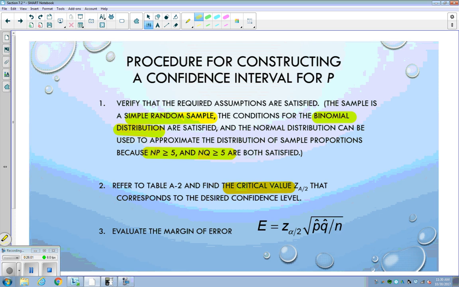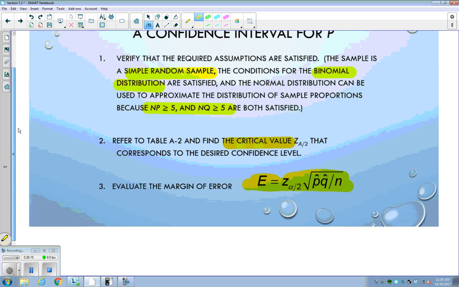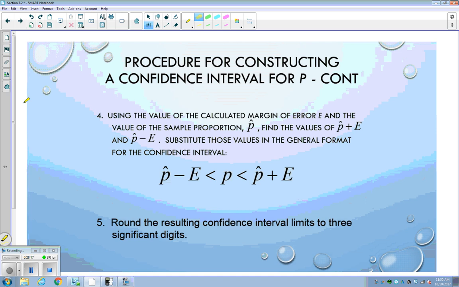Once you find those, then you're going to calculate your margin of error. And then we're going to take p hat minus the margin of error and p hat plus the margin of error. We're going to remember to round to 3 significant digits.